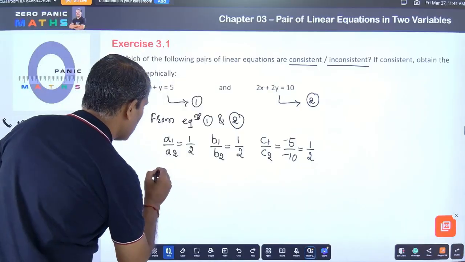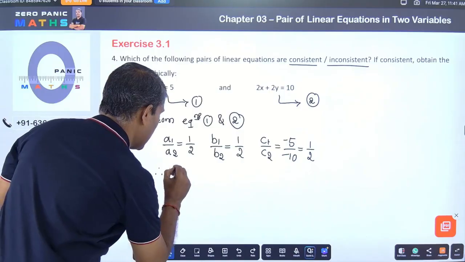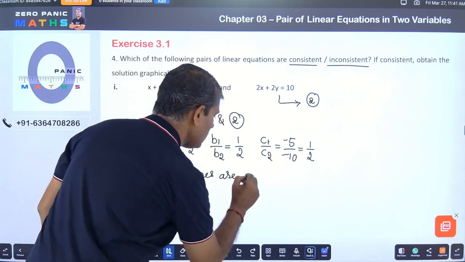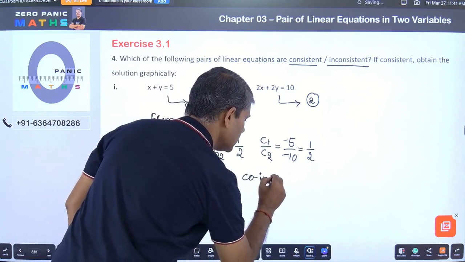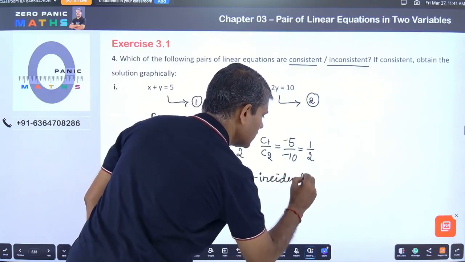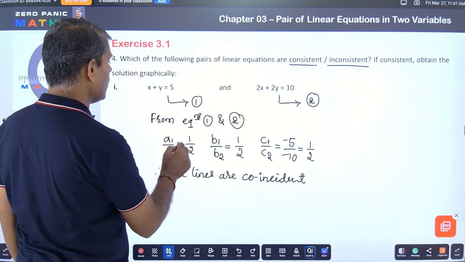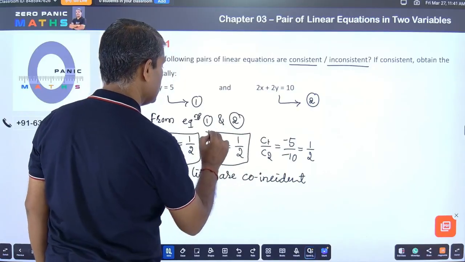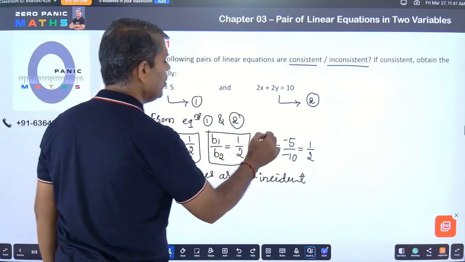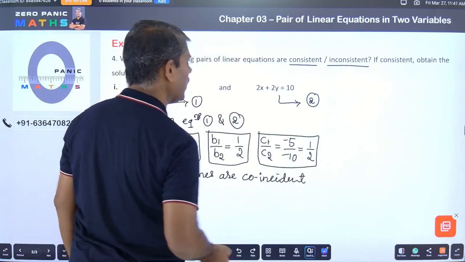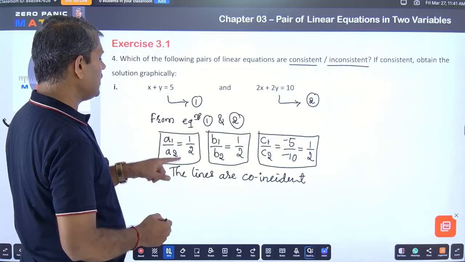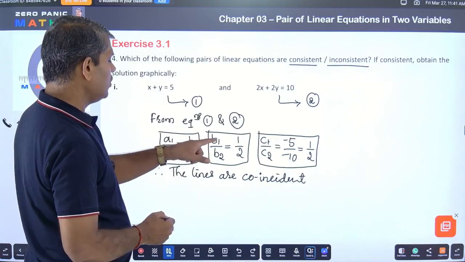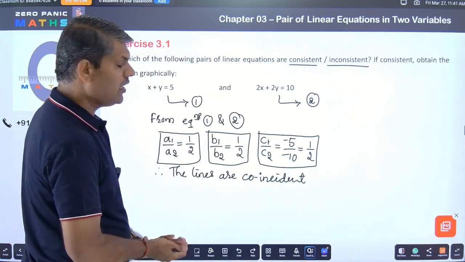Therefore the lines are coincident. To say the lines are coincident, you can just mark these values, a1 by a2, b1 by b2 and c1 by c2, or you can write an additional step that from the above equations, a1 by a2 is equal to b1 by b2 and c1 by c2 is also equal.